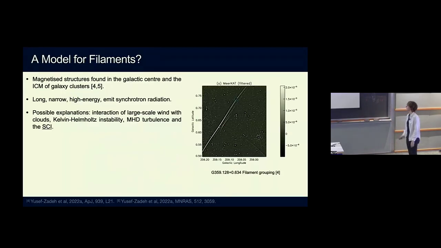It's because there are these things, both in the ICM and the galactic center, called filaments that no one really knows how to explain, because they're very long and thin and really straight. There are a lot of theories about it, Kelvin-Helmholtz, MHD turbulence, but the point is that with all of these theories, they shouldn't be as stable as they are.